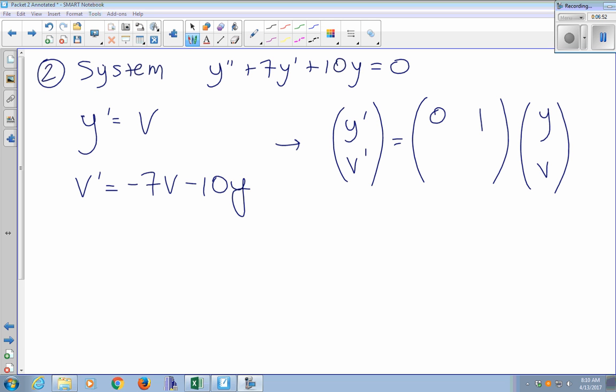And v' is -7v - 10y, so I need -10, -7, so that the -10 goes with the y and the -7 goes with the v. So this is the matrix A. And then to find eigenvalues, you find the determinant of A - λI.